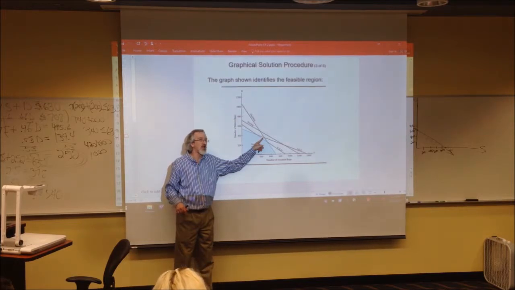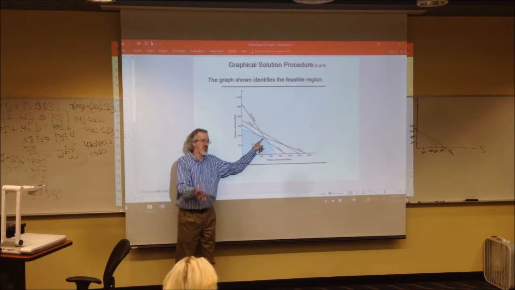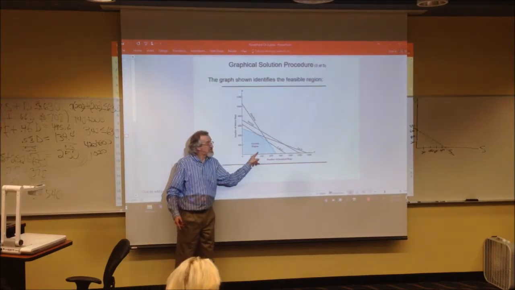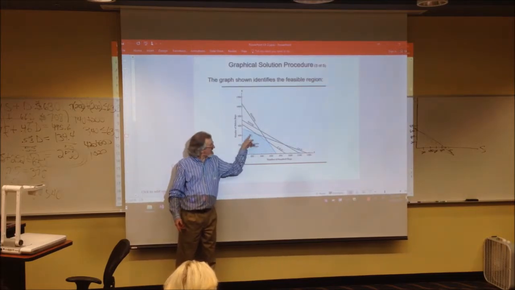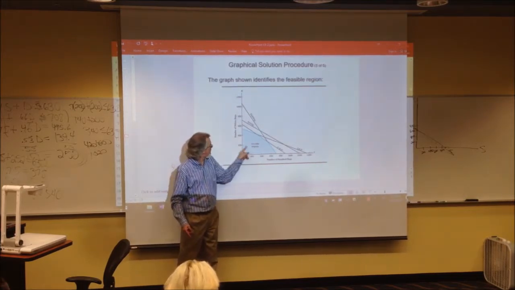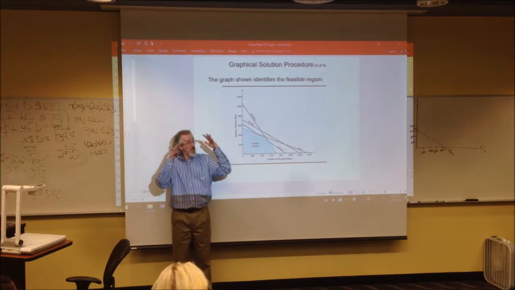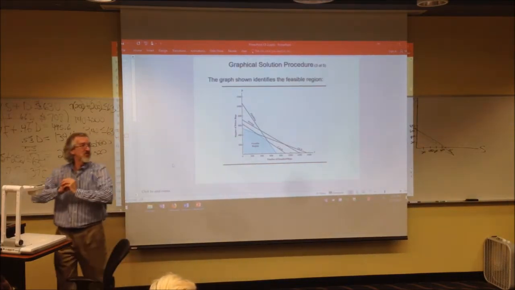It has to be all constraints' shades overlap, all of them. No matter if there's 2, 4, 5, 6 constraints, it's where all the shades overlap. Our optimal solution is somewhere in this region right here. Any of these numbers right here, 200, 200, 400, 400, 400, 200, how's that? All of these are possible solutions that meet all the limitations on those constraints.